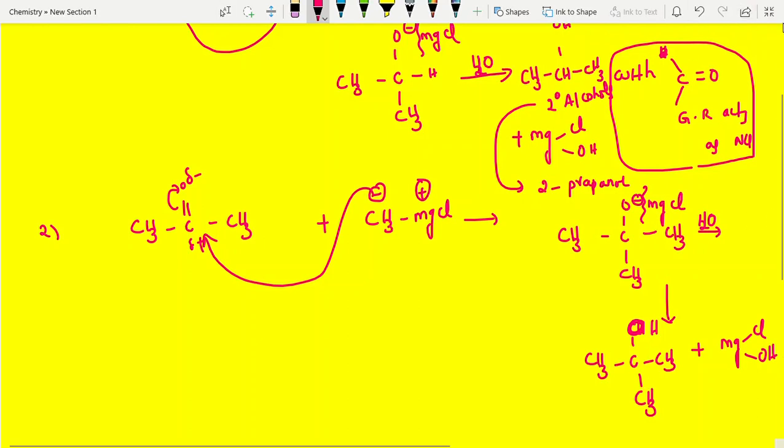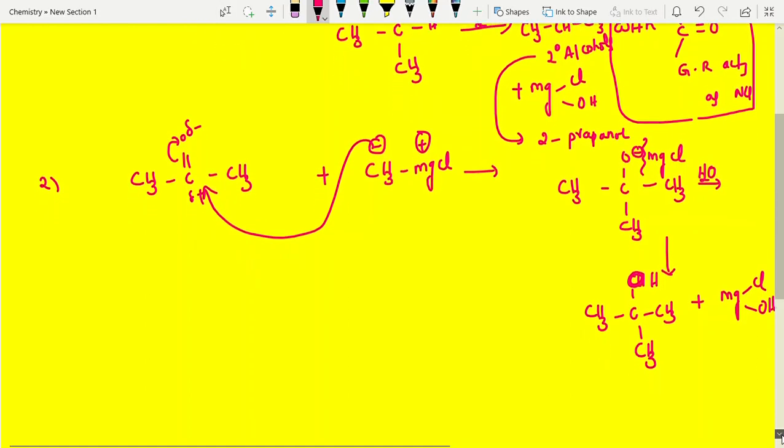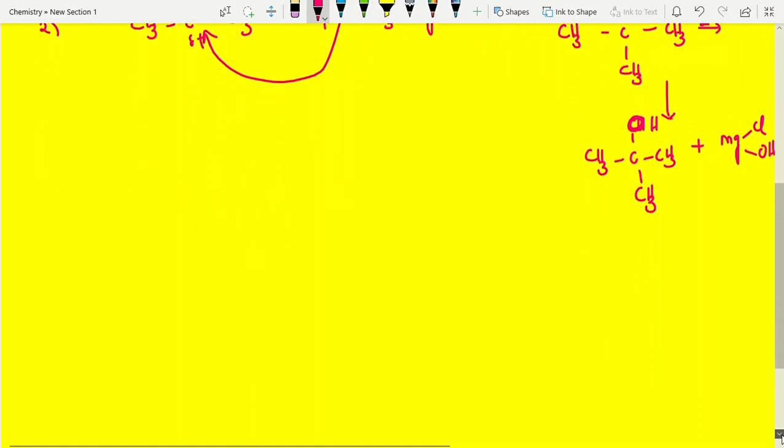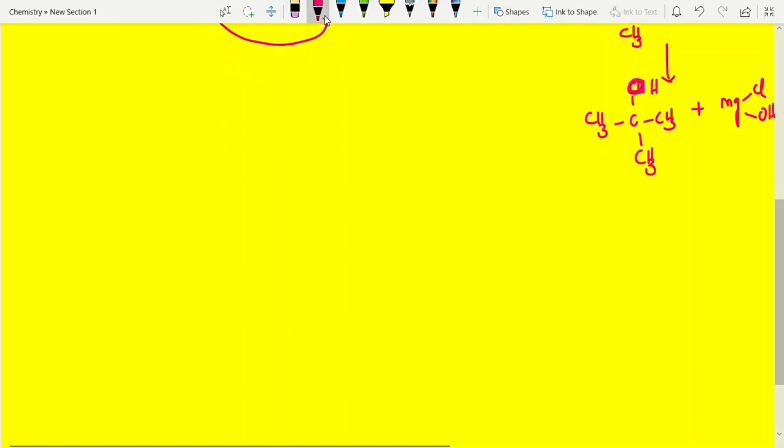What is that question, student? With carbon dioxide. This is one of the preparation methods for carboxylic acids, right? So check it. CH3MgCl, Grignard reagent with carbon dioxide.